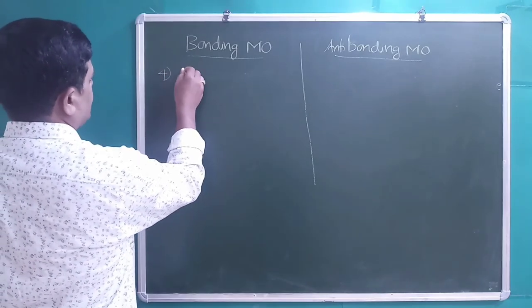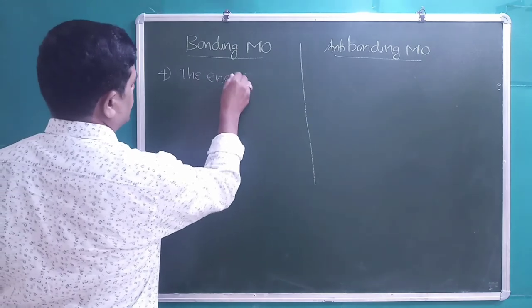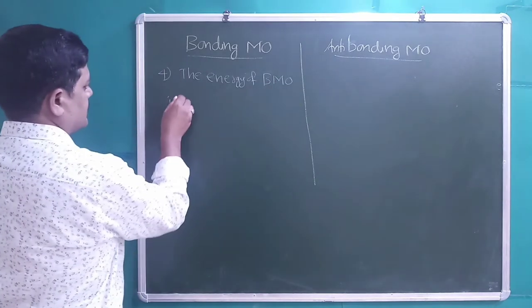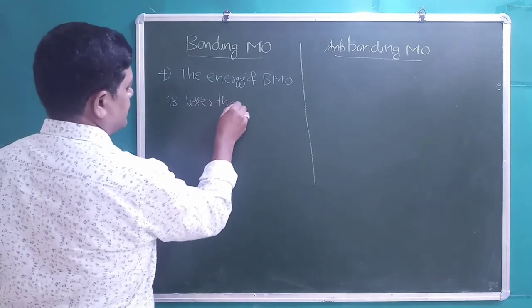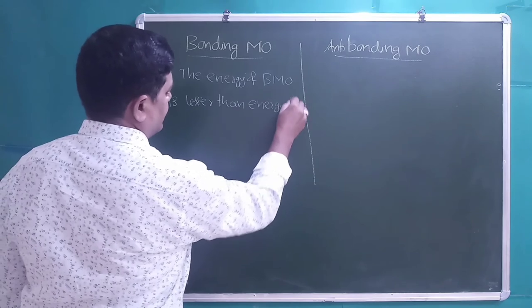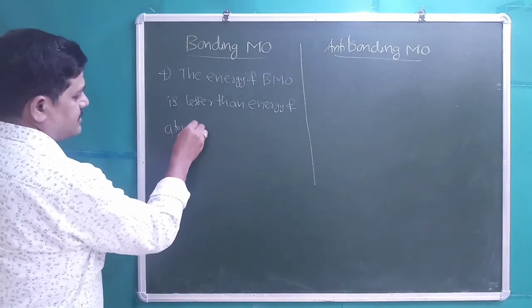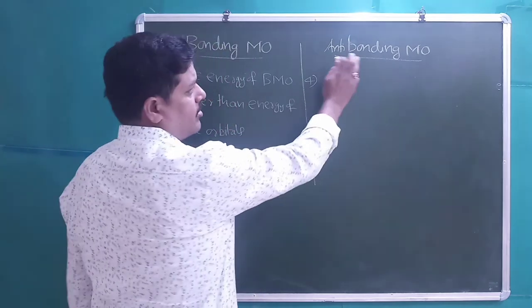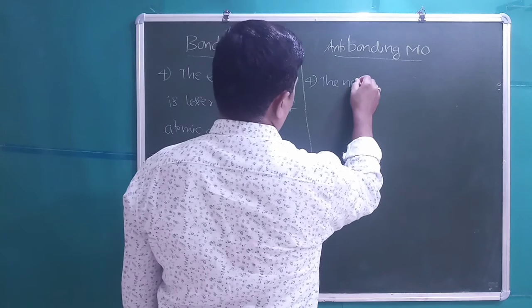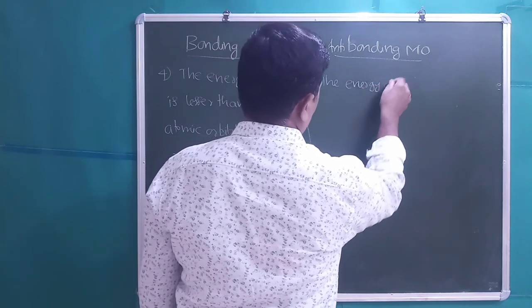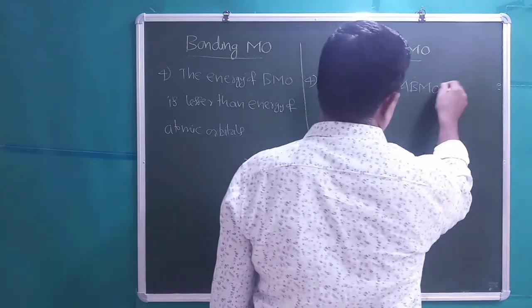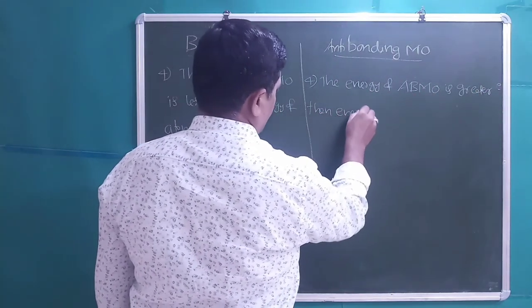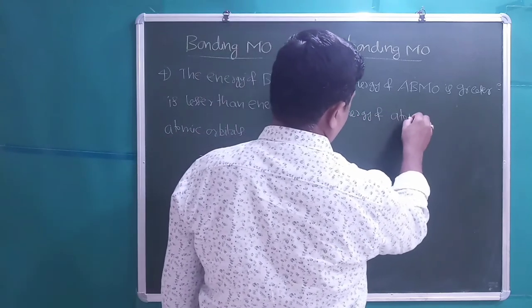The energy of bonding molecular orbitals is lesser than the energy of atomic orbitals, whereas the energy of anti-bonding molecular orbitals is greater than the energy of atomic orbitals.